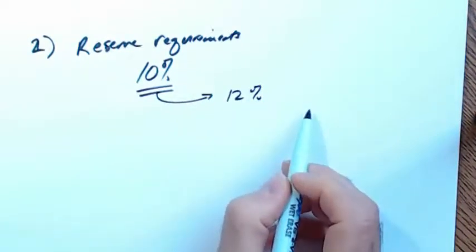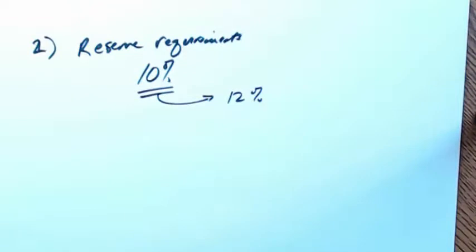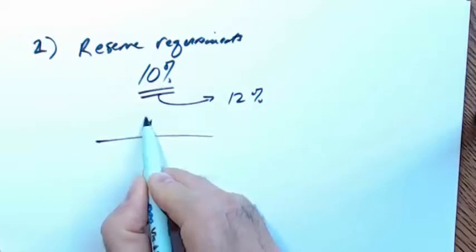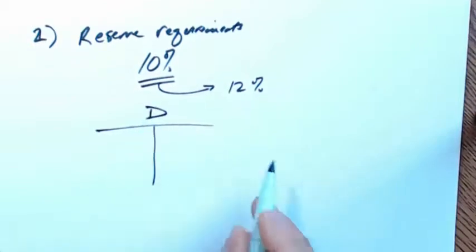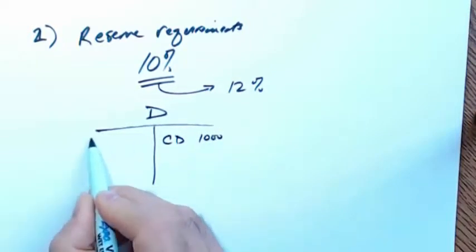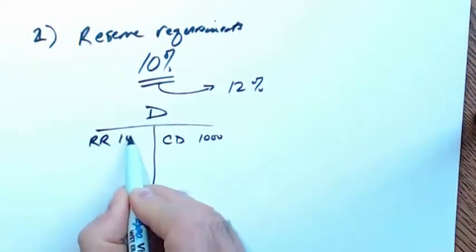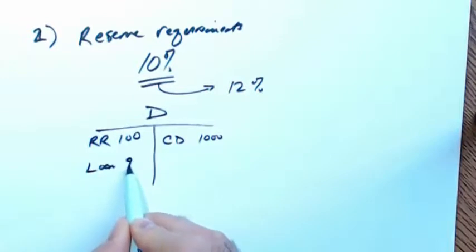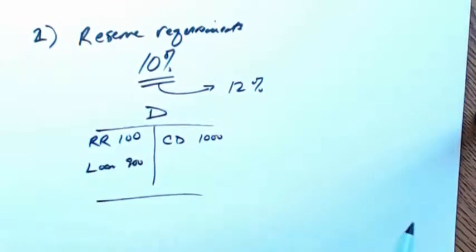What that means is, for any bank, let me make up a new balance sheet, call this Bank D. Let's say it has checking deposits of 1,000, it has required reserves of 100, and it has loans of 900. So notice it balances.